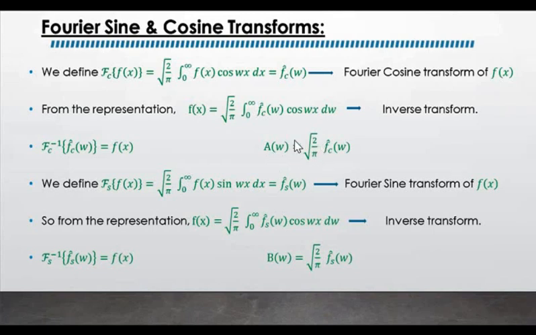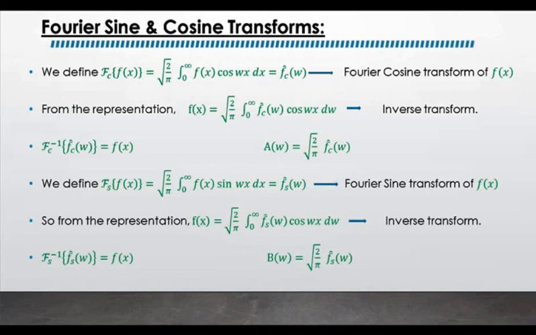So if you know how to calculate a omega, then calculating f cap c omega is very simple. You just divide it by root of 2 by pi, or you consider the constant as root of 2 by pi in the formula of a omega. Now the question is how to go back from f cap c omega to f of x.